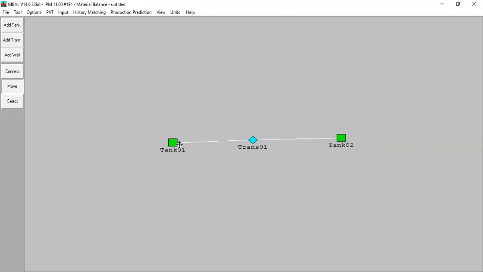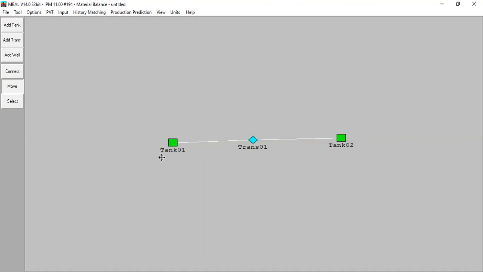Okay, so initial pressure is the same, but we produce from tank 1 so that the reservoir pressure will drop. After the reservoir pressure in tank 1 drops to 3,000, the difference between reservoir pressure in tank 1 and tank 2 is 1,000 psi.